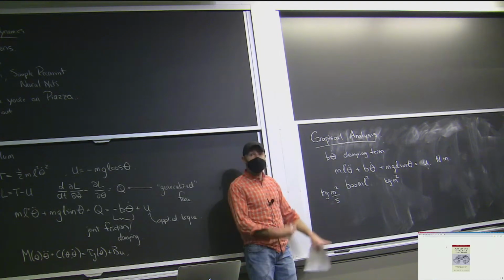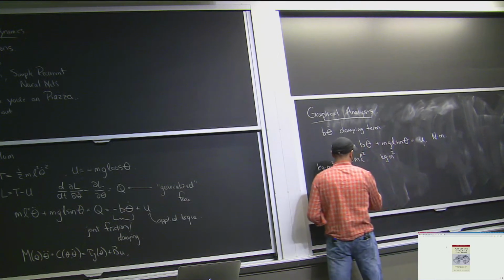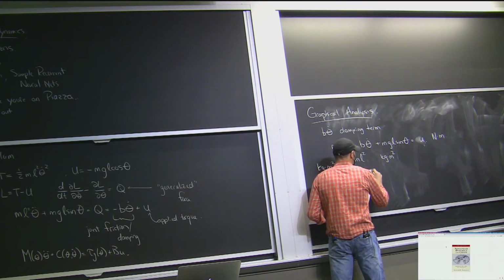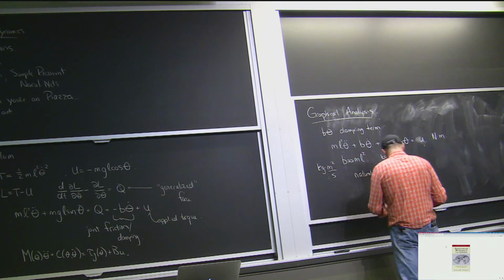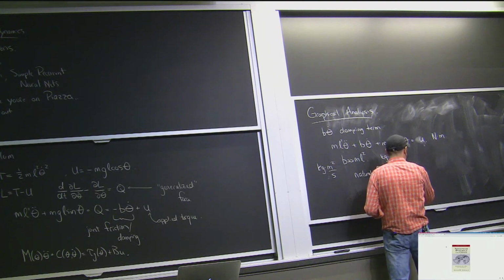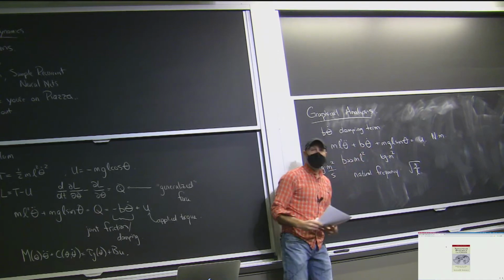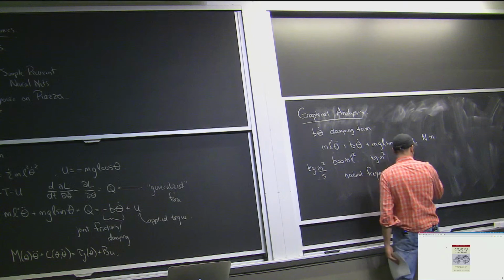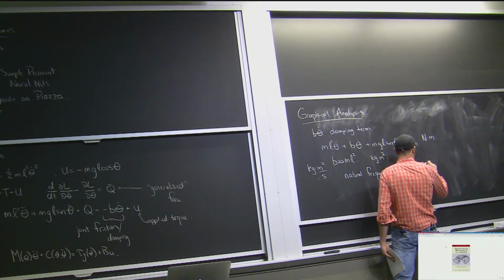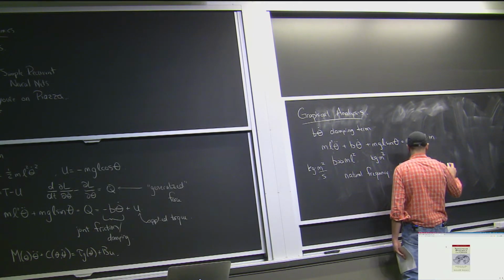That gives me the natural frequency that we can write down here. Square root of g over L is the natural frequency of a pendulum like this. Let's check our units. That should be meters per second squared over meters, square rooted, gives me 1 over seconds. That's what I wanted.